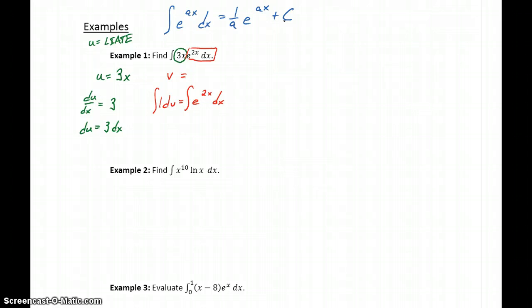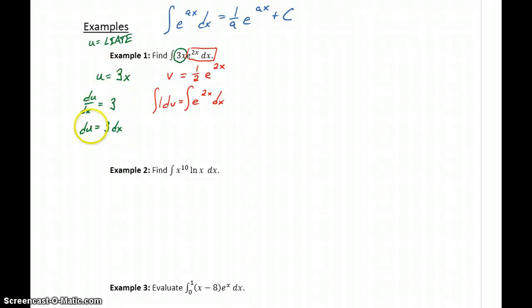And you could demonstrate that by integrating using substitution, but it'll always come out to be something of this form. So in this case, we have the integral of e to the 2x, meaning this will be 1/2 e to the 2x.